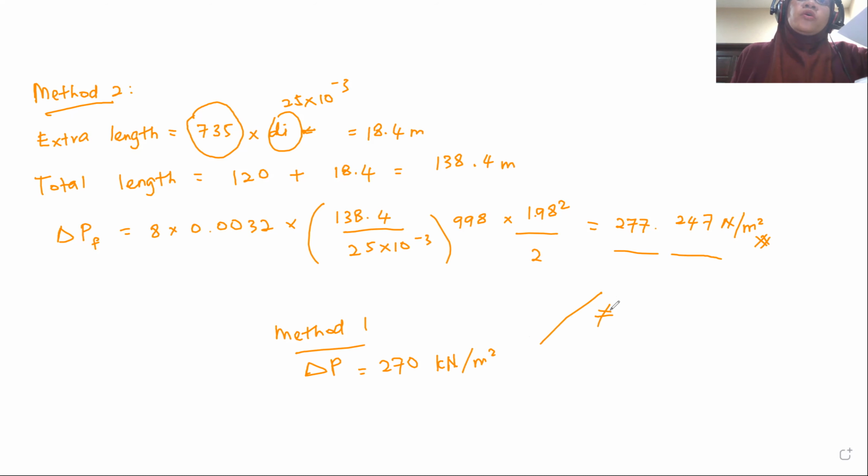But the use of equivalent diameter by finding the extra length is easier. The steps of calculation are fewer compared to method 1. Both methods are appropriate, and method 2 is sufficient for preliminary design.